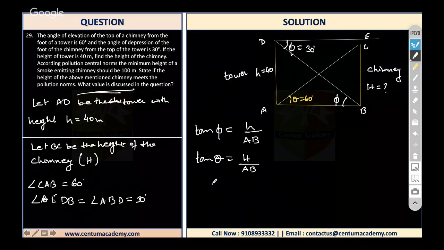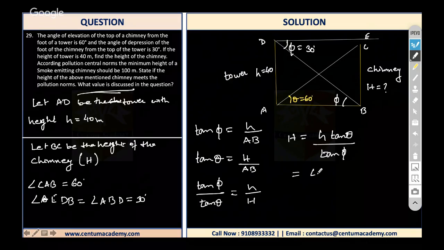So AB is common, so you can divide. So tan phi by tan theta is equal to h upon capital H. So this implies capital H is equal to h into tan theta divided by tan phi.